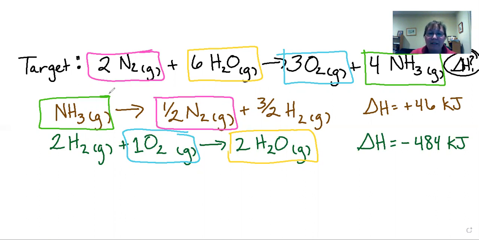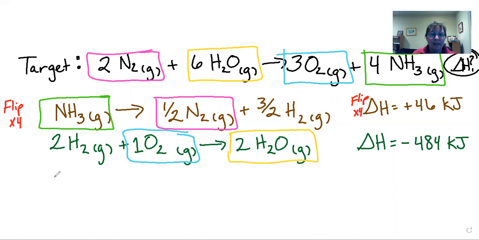That means we need to flip this one over so that it's going backwards, okay? And we need to multiply it by 4. And then we'll have what we have here in the correct locations. But that means that we also need to do that with our delta H: flip and multiply by 4.